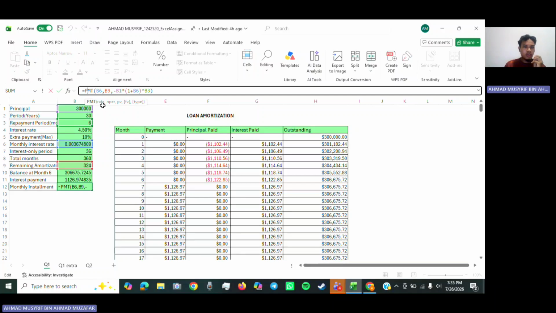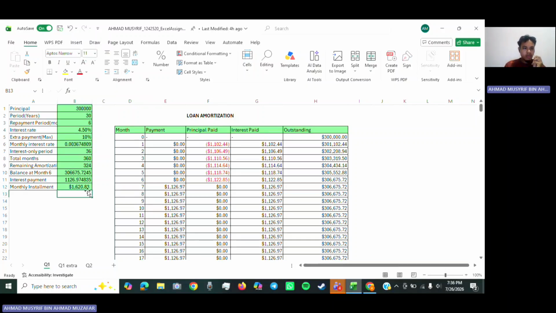Then we put the value rate of J, period of remaining amortization, and then we multiply the principal with the monthly interest rate, power of 3 and power of 6. So we get the value 1620.83.